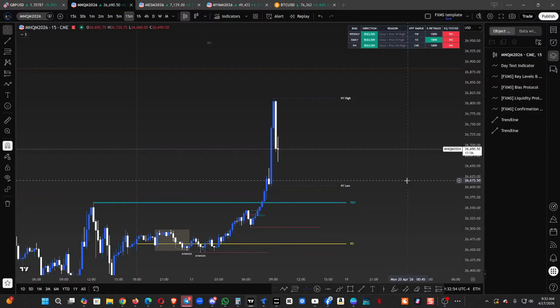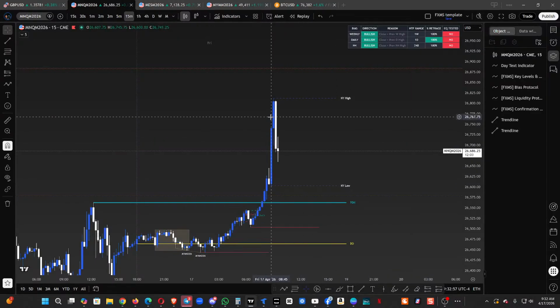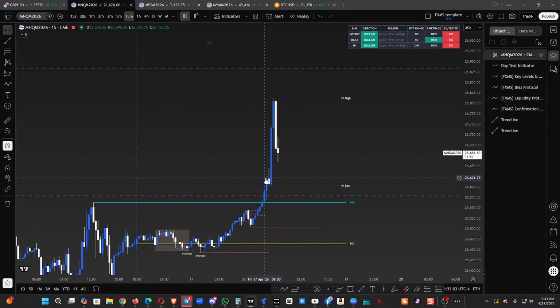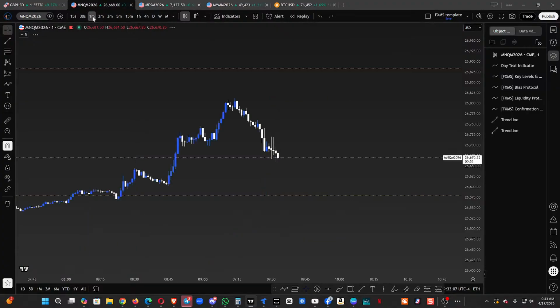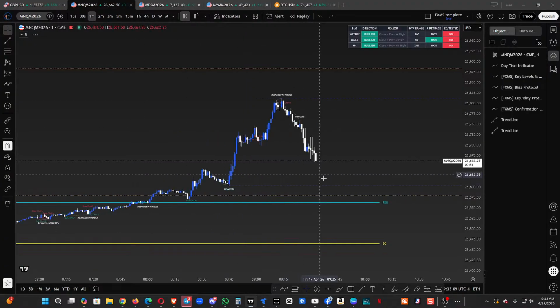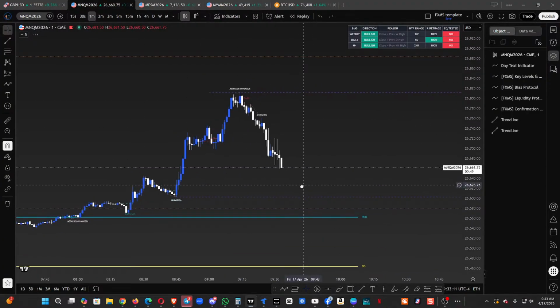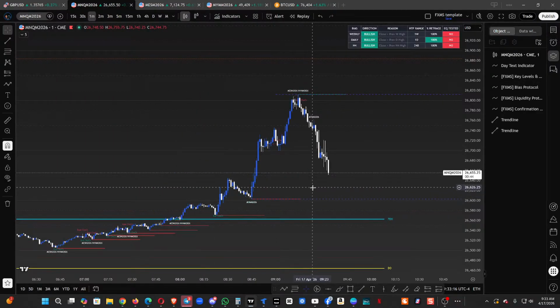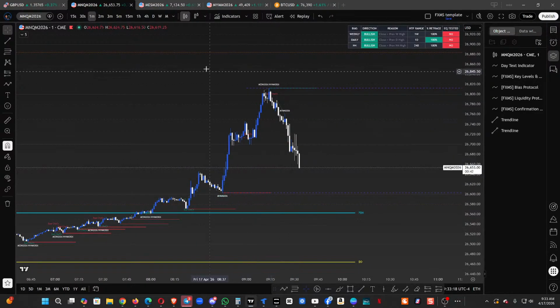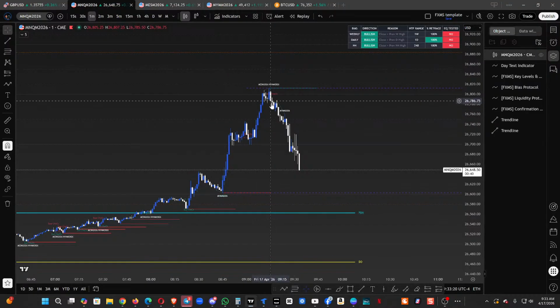So we got to wait for this retracement. I mean, I guess we could have traded the open, but you can see price is already moving down. We have our high up here. We have our low over here. So let's see how far we get down into that low. Right at this point, like I said, the draw is still going to be that high.